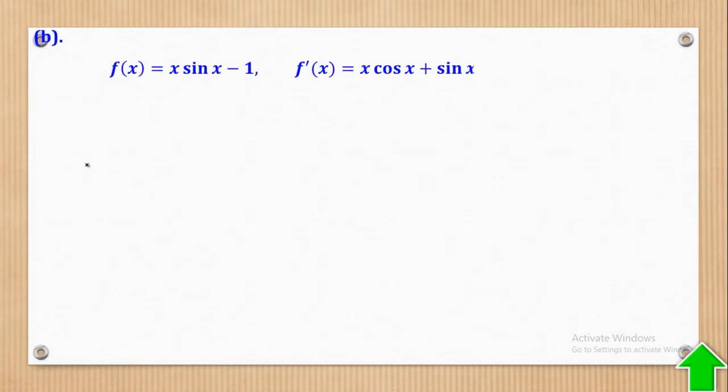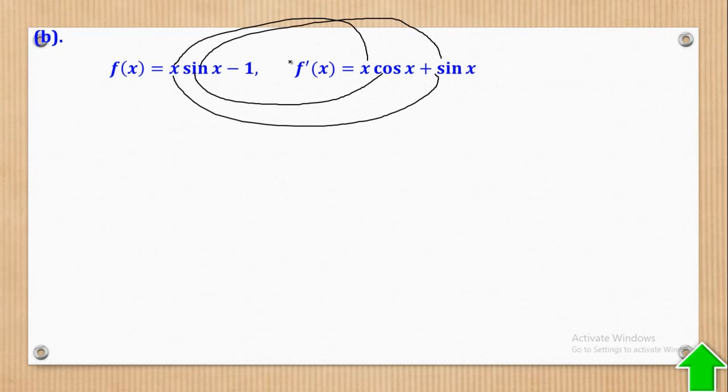First of all, we have to differentiate f(x) to come up with f'(x). So differentiate x sin x. Now this is a product, meaning that first keep x constant, then differentiate sin x to come up with cos x, then keep sin x constant and differentiate x to come up with 1. Then when I differentiate the constant 1, I come up with 0.